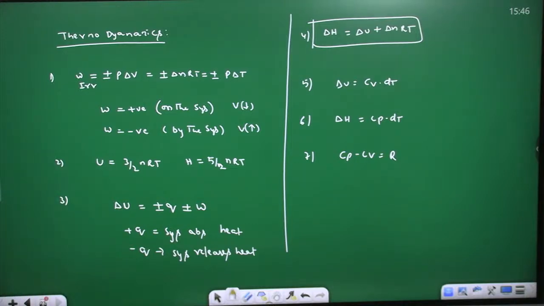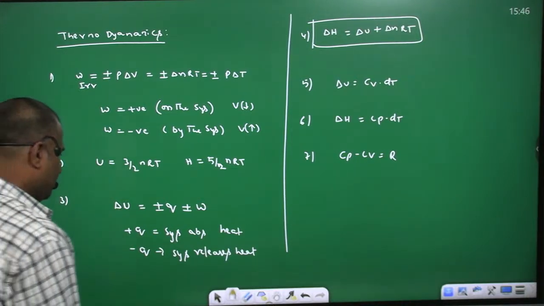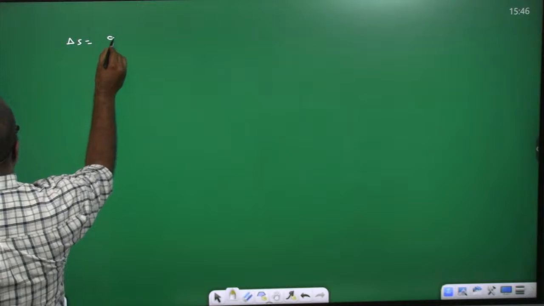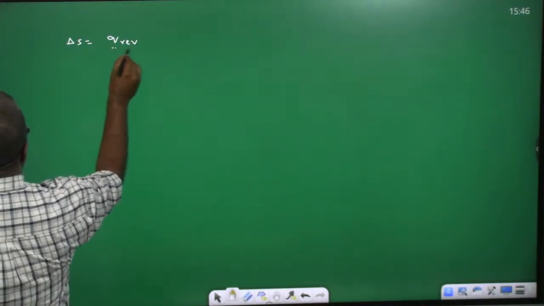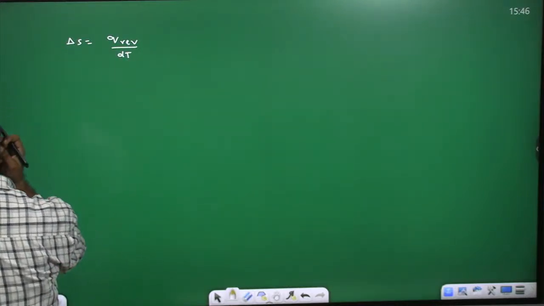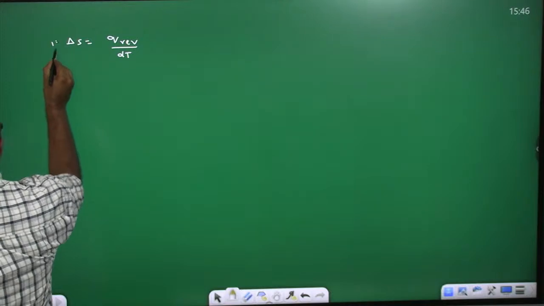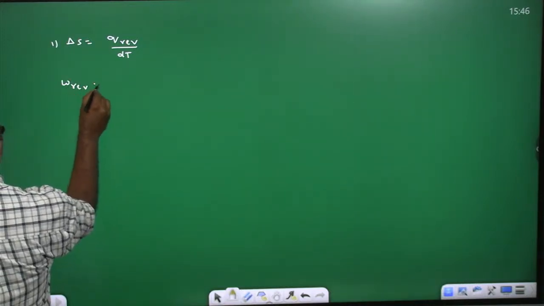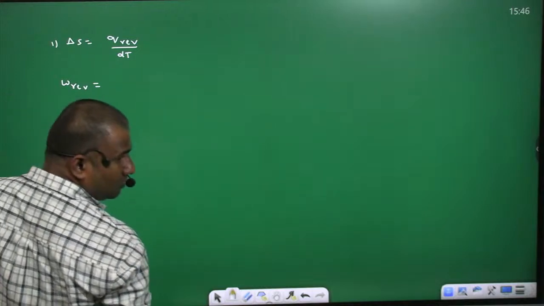Completed? Right. See the next one. Coming for the delta S. Delta S means Q reversible by T. In the same way, if you need to write work reversible formula, what is the formula?